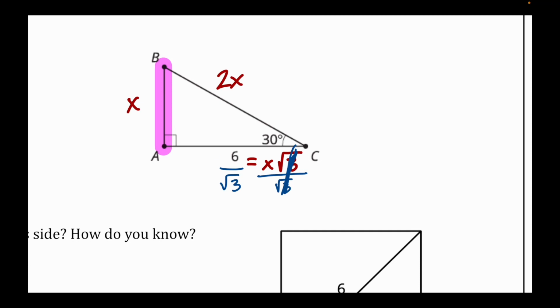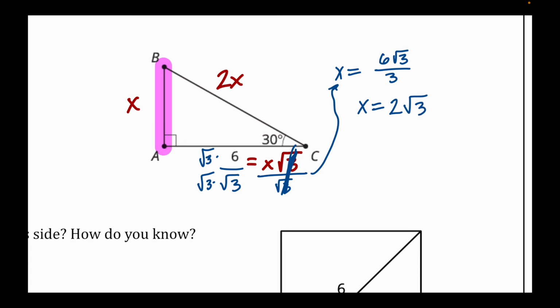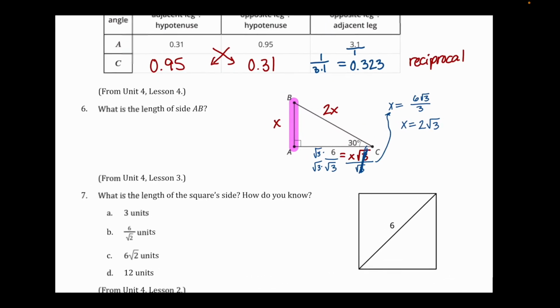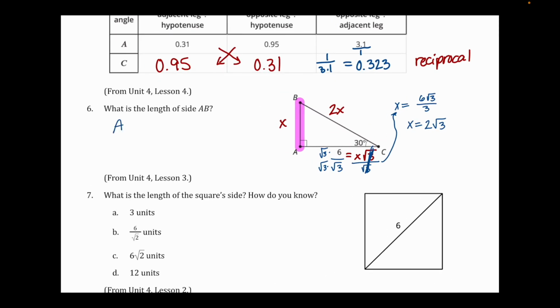And I have to multiply by root 3 and root 3, top and bottom here. So we're going to end up with x equals, I'm just going to show that I'm bringing my work up here, 6 root 3 over 3. So x is really equal to 2 square root 3. So I will say AB equals 2 root 3.